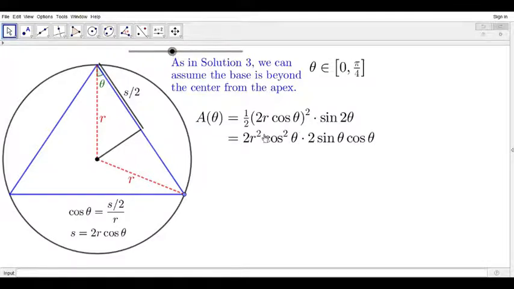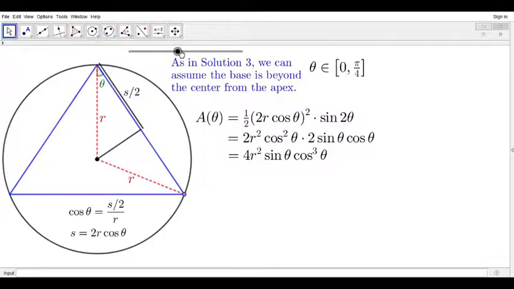Alright, so you have from 1/2 times s squared, 2r squared cosine squared theta, and then from the sine double angle formula, sine of 2 theta is double sine theta cosine theta. Then algebra your way through this, you get 4r squared, and then a single sine, and 3 cosines.